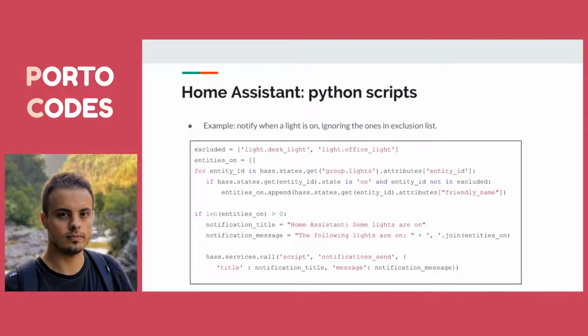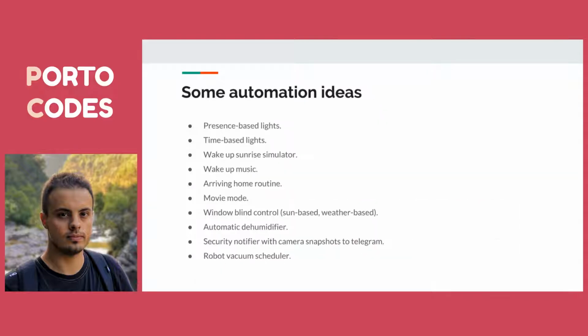You can send notifications using Facebook Messenger or Telegram or Pushbullet or any other notification service. This is a simple script that notifies the user when some light is on, except those on the exclusion list. So, a pretty basic Python script that will not be so basic if you try to do it with YAML and Jinja.